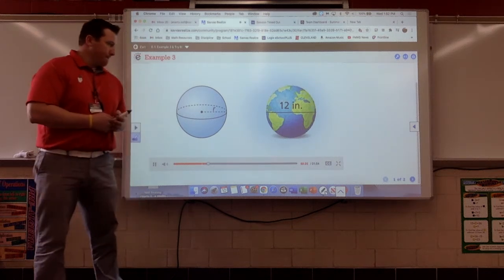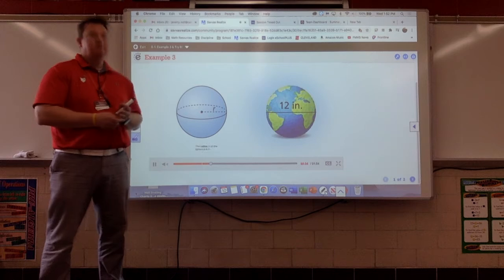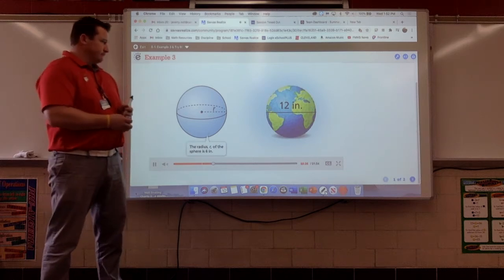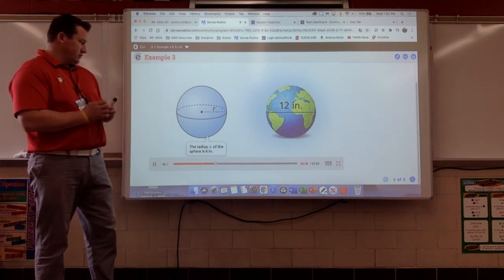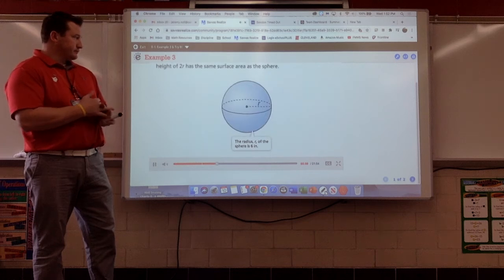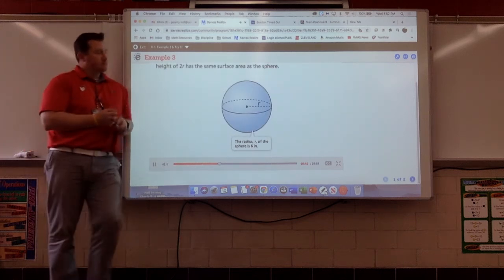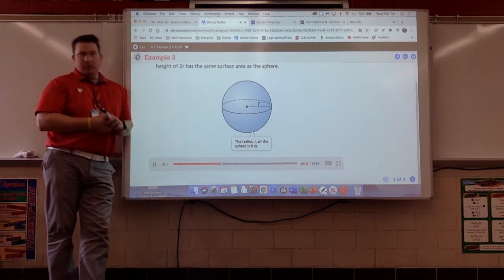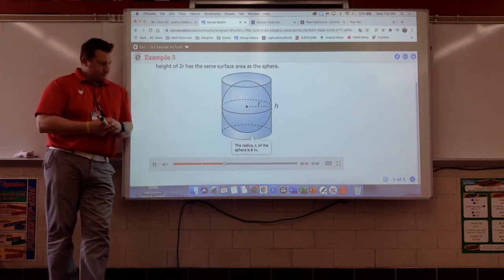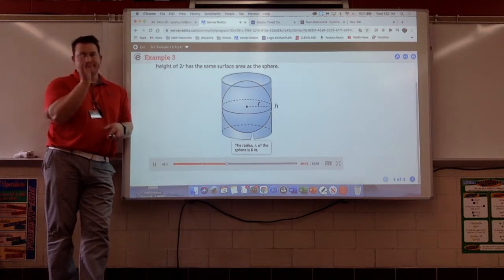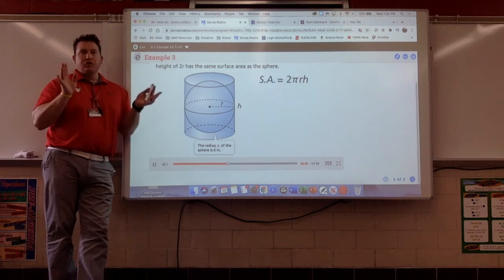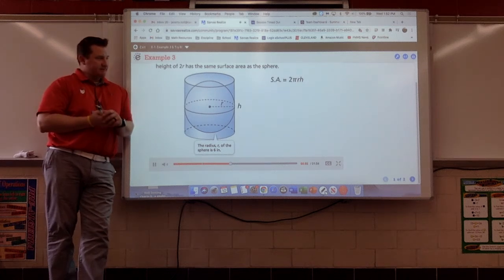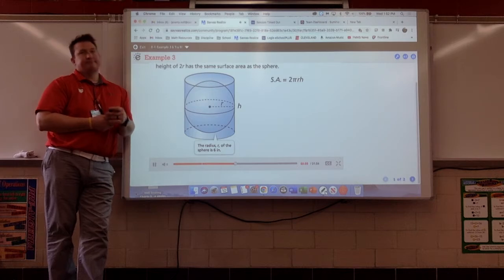The diameter of the globe is 12 inches. So the radius, r, of the sphere is 6 inches. To find the surface area of the sphere, compare the sphere to an open cylinder. An open cylinder is a cylinder that has no top or bottom surfaces. The surface area of an open cylinder is equal to 2 times pi times the radius, r, times the height, h.